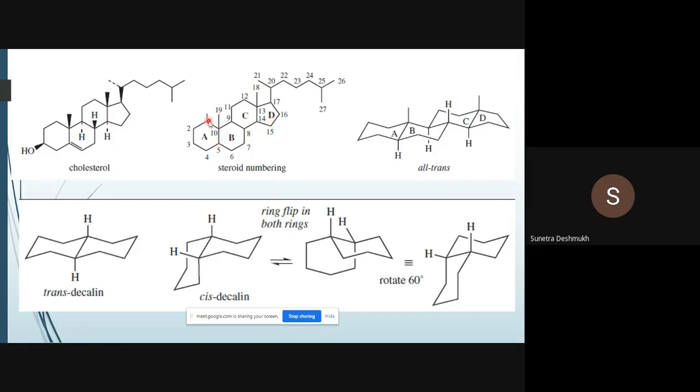Basically, the numbering is plainly done for the ring carbon atoms first. As you can see, A, B, C are cyclohexane rings and ring D is cyclopentane. So plain numbering is 1, 2, 3, 4, 5, 6.